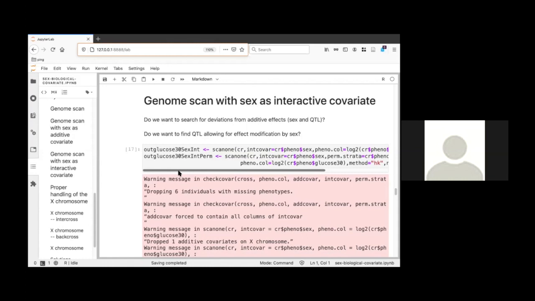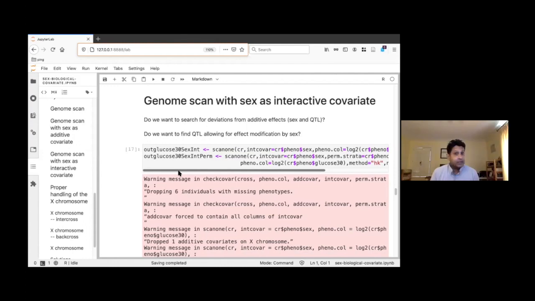So at this point, it is worthwhile thinking about what we really want. Do we want to search for deviations from additive effects of sex and Qtl? Or do we want to find Qtl allowing for a more complicated model for sex and Qtl, as I was saying?